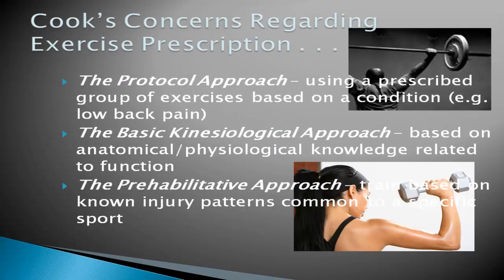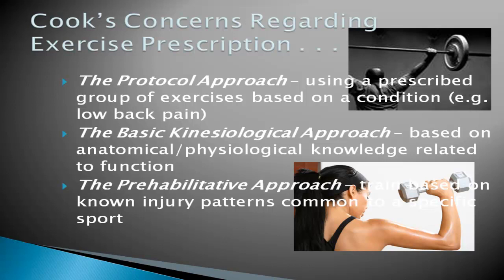One of Cook's motivations for the FMS was based on the standard practice of using a global, not individual approach to exercise prescription. He breaks these down into 3 examples. The protocol approach, which uses a prescribed group of exercises based on a condition such as low back pain. The basic kinesiological approach, which is based on anatomical or physiological knowledge related to function of a muscle or group of muscles.